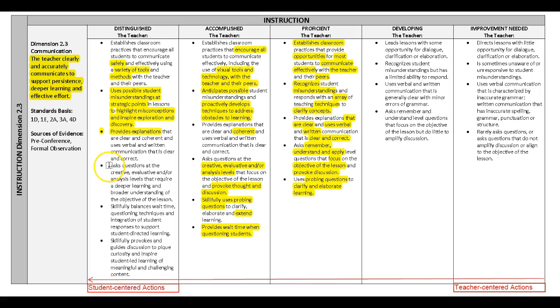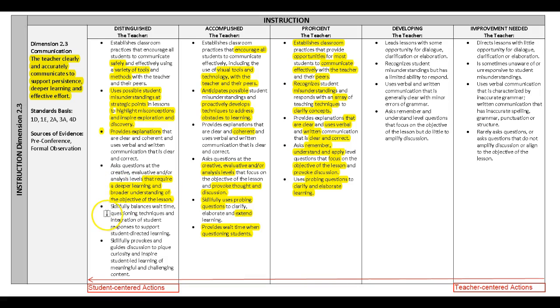Moving on down, ask questions at the creative, evaluative, and/or analysis levels that require a deeper learning and broader understanding of the objective of the lesson. So again, it's going deeper with the learning at a higher level of understanding.